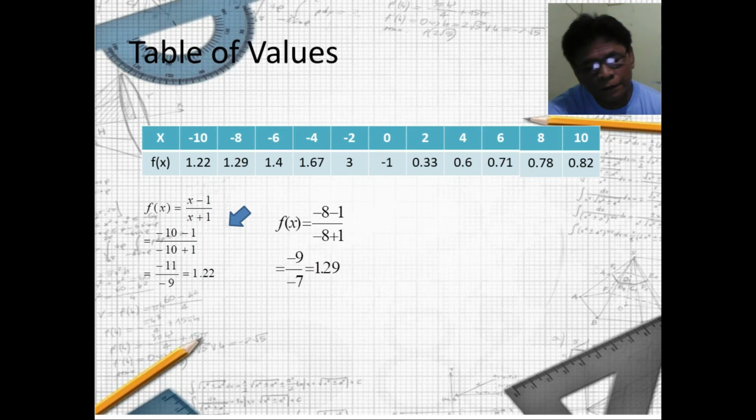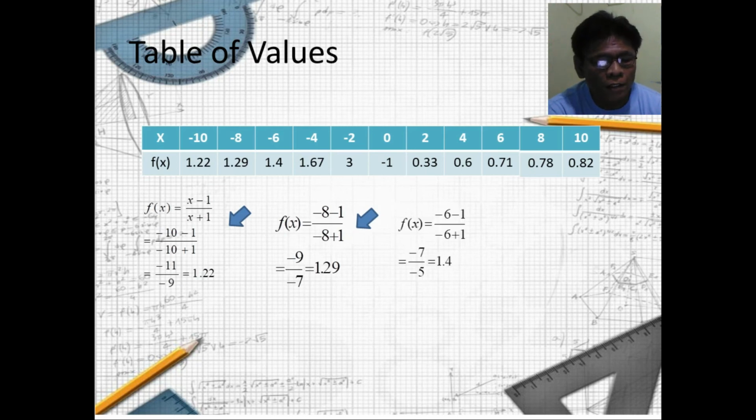Then second, our x is negative 8. This is the solution: negative 8 minus 1 over negative 8 plus 1. The answer is negative 9 over negative 7, which equals positive 1.29.